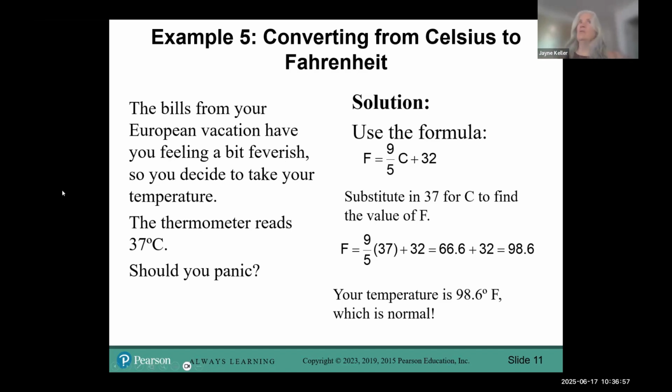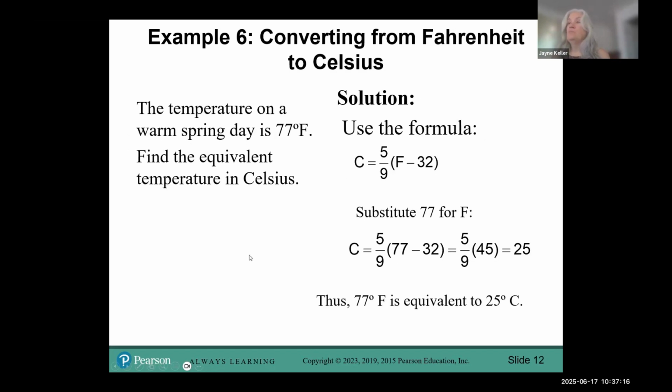Is that going to be a nice day or a cold day or a hot day? So I can plug it into this formula here, and where the C is, I'm just going to replace it with 37. So 9/5 times 37 plus 32, and you can see that's 98.6. So pretty warm day if it's 98.6.